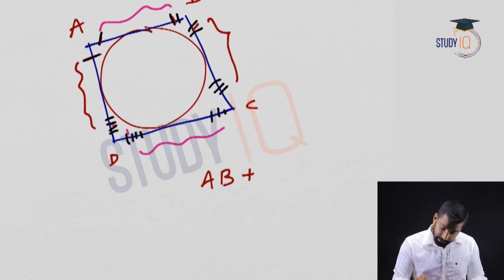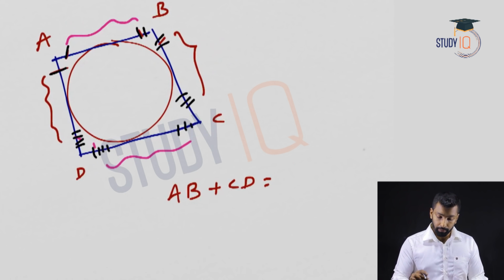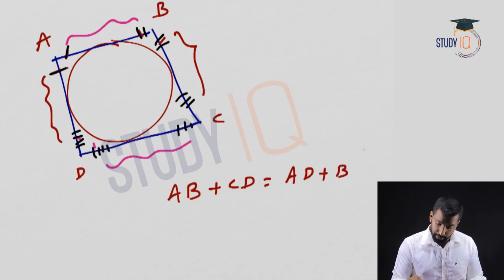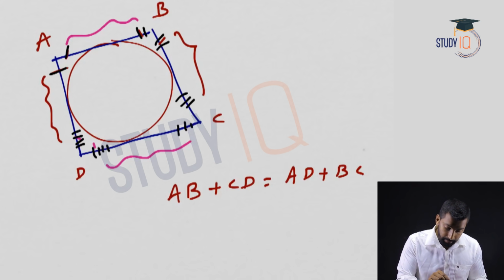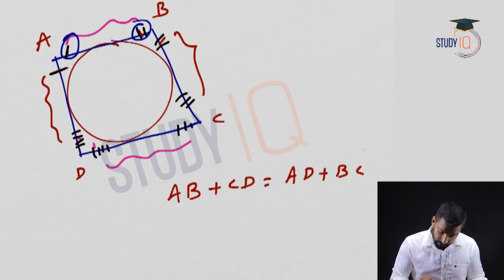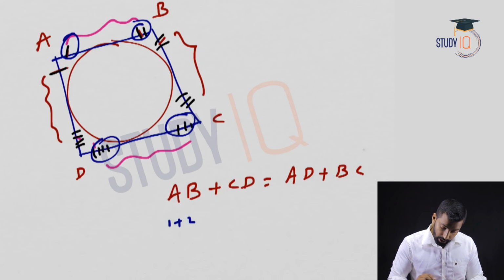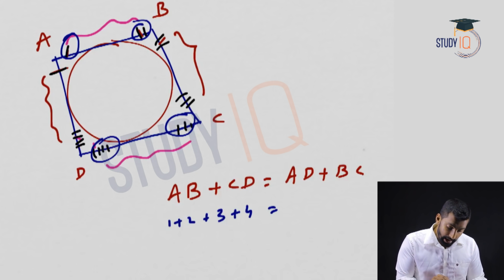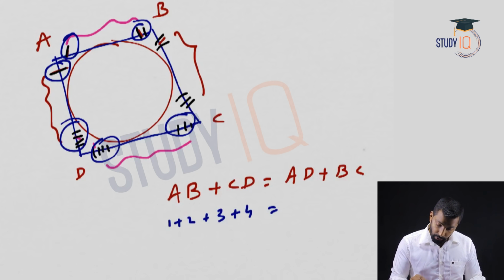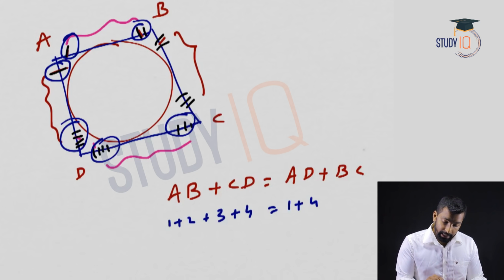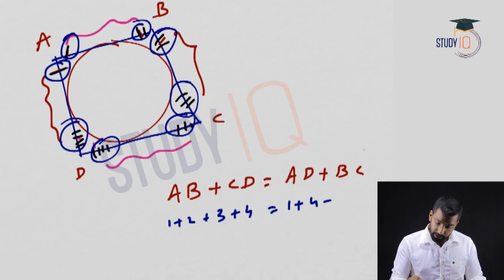AB plus CD is equal to AD plus BC. Very simple, right? From this diagram you can understand what is AB. AB is actually 1 and 2, right? So 1 plus 2. Then what is CD? 3 and 4, right? So plus 3 plus 4, which is equal to what is AD? AD is 1 and 4. 1 plus 4. BC, 2 plus 3.